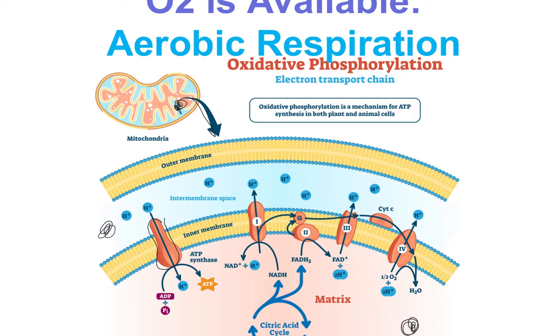Some of them are pumps, some of them are channels that facilitate diffusion. And over here we have hydrogens, right? So there's lots of hydrogens, these H+ ions, these protons inside of that inner membrane space.